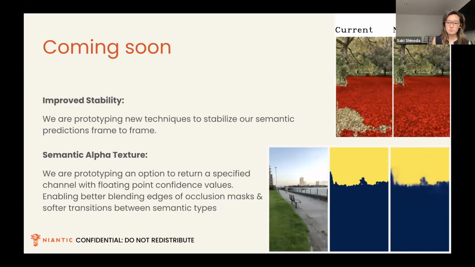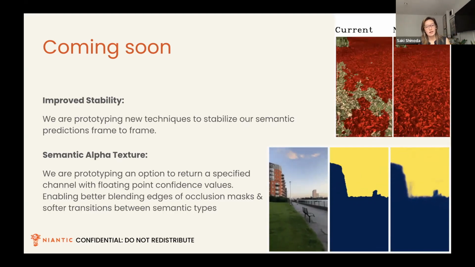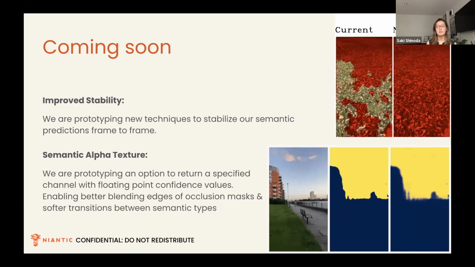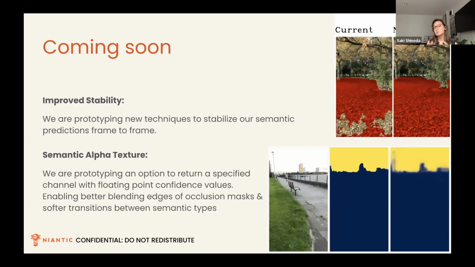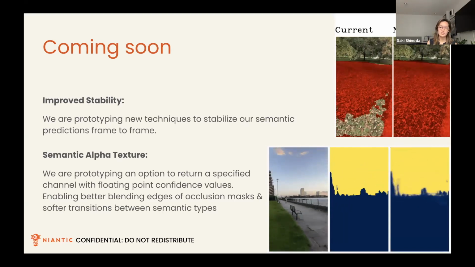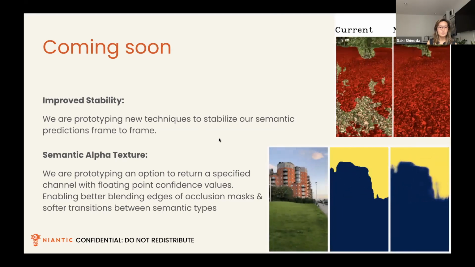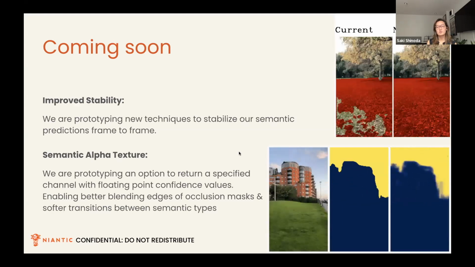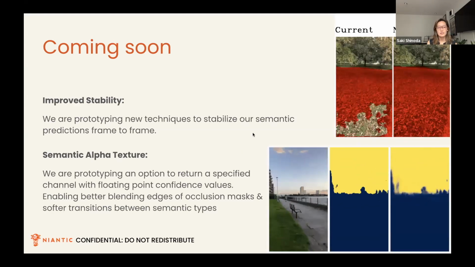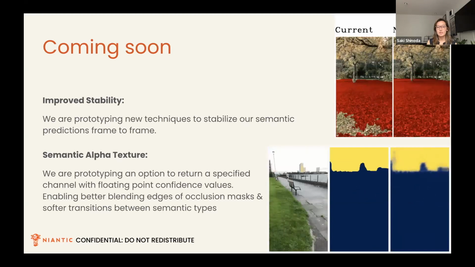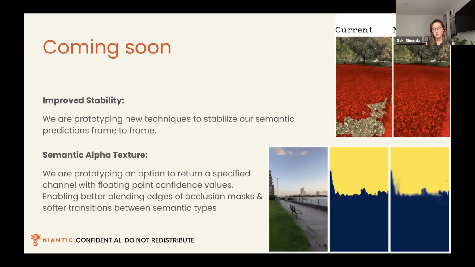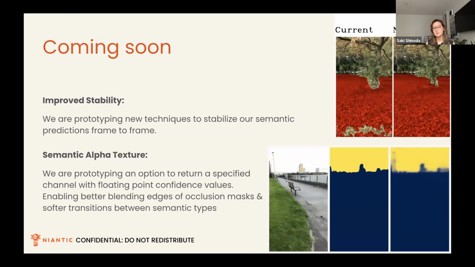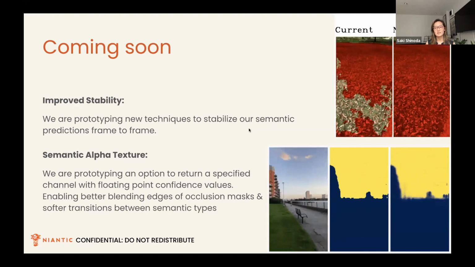So we've got a prototype internally again to help improve that by exposing that 0 to 1 value for a specific channel. You might want to do that with sky or anything that you're masking out. This would help with visual screen space effects and soft transitions. There is a performance cost to having all of the floating point values, so that's the reason why we're focusing on doing it only for a specific channel. Anything else to add on that, Justin?